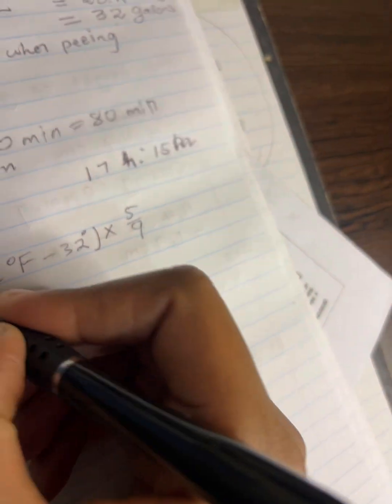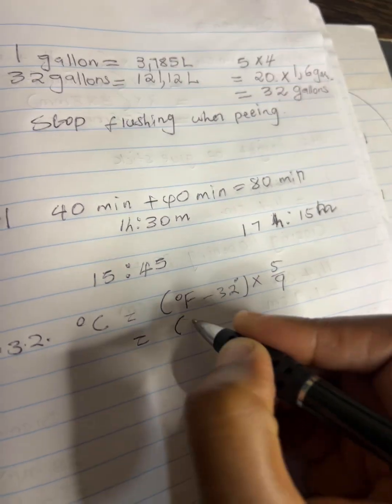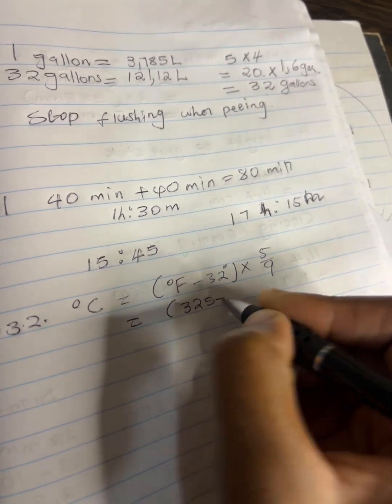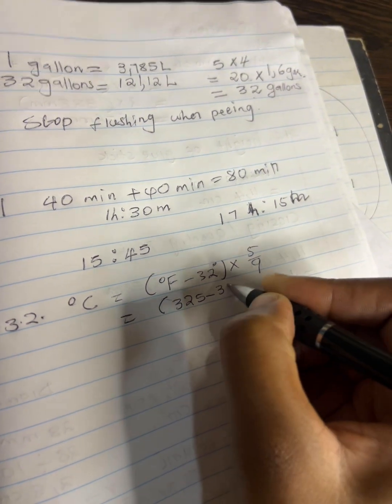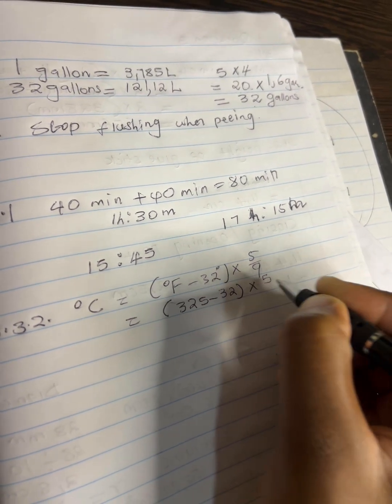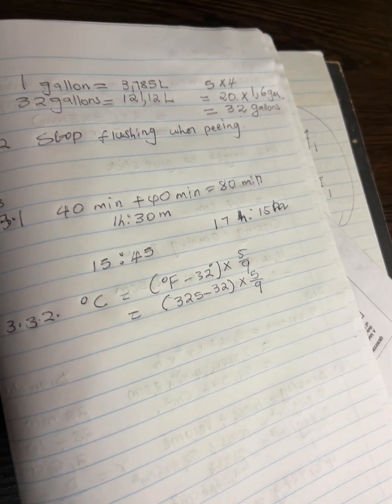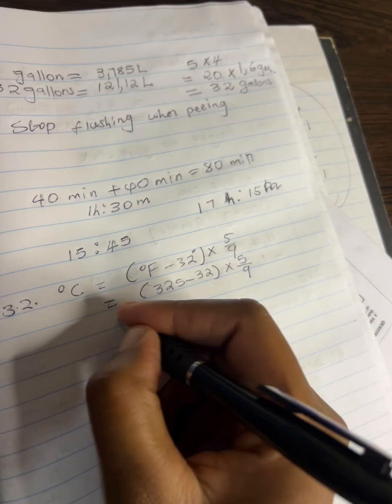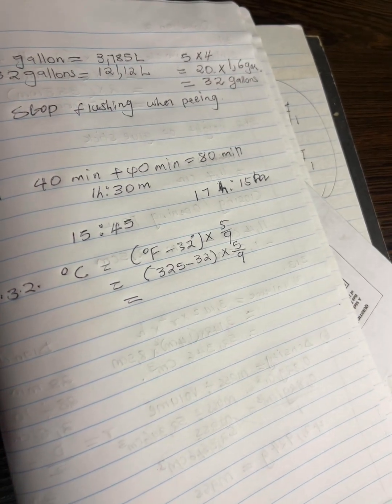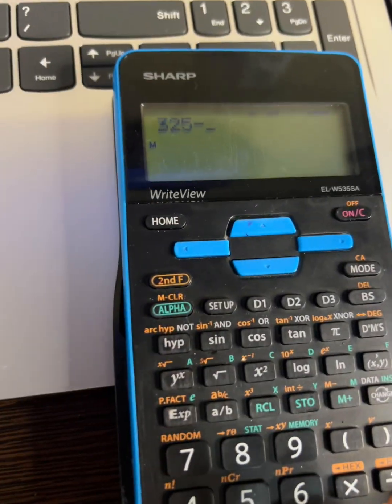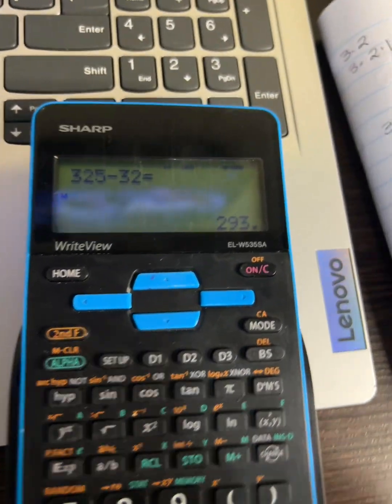So 325 minus 32 multiplied by 5/9. We first work inside the bracket, which is 325 minus 32.